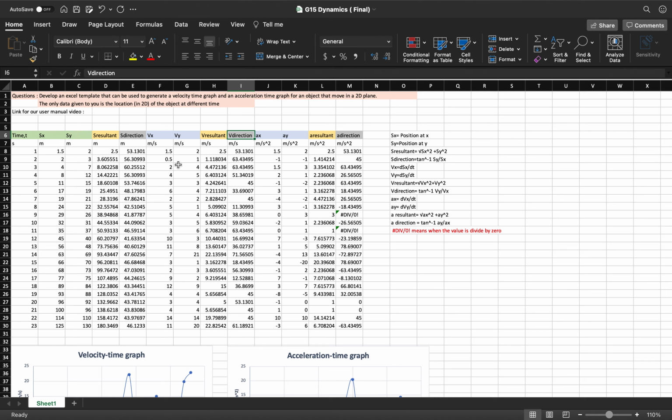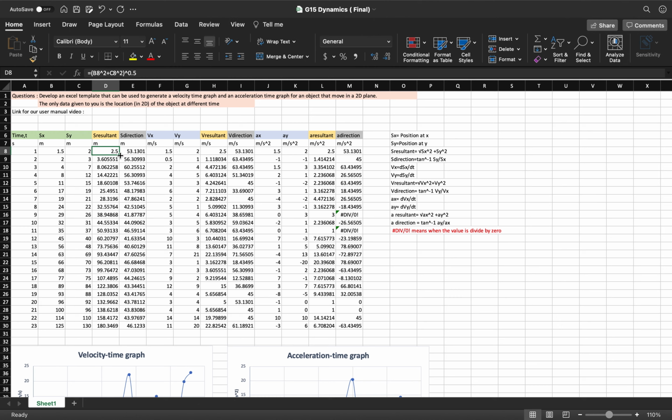We insert an equal sign, open bracket, Sx squared plus Sy squared, which is B8 squared plus C8 squared, close bracket, power 0.5. By inserting this formula, we can calculate the resultant position of the object when time is 1 second.